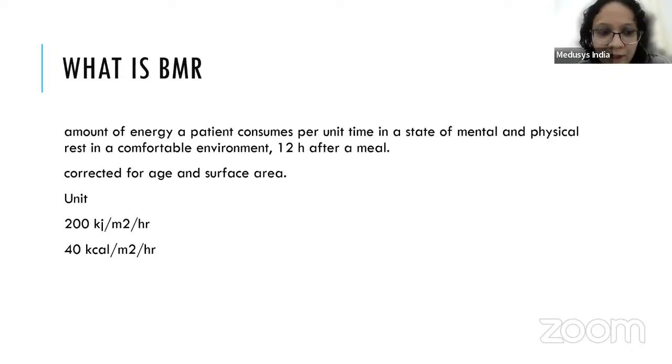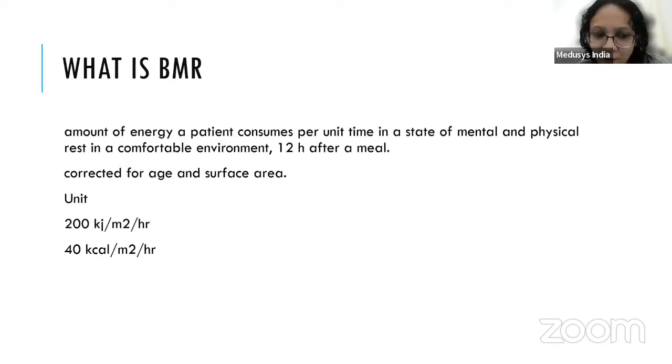Yes, corrected for surface area. So there should be something related to that also. Yes, it is kilojoules per square meter per hour. Both time and surface area have to be considered. Okay, so it is kilojoules per meter square per hour, and if you talk about kilocalories, it is 40 kilocalories per meter square per hour. Am I clear? Yes, ma'am.